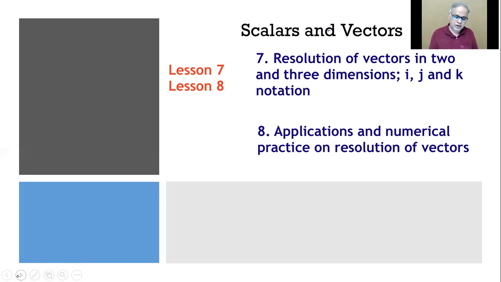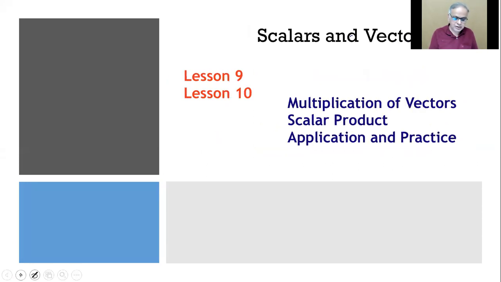So now 3 are added, that is a plus b, a minus b, and then resolution. After that, we have multiplication of vectors, which will be taken up in 9 and 10. One will go into the other. That's why I put the heading as lesson 9 and lesson 10. In this, there will be 3 types of multiplications.